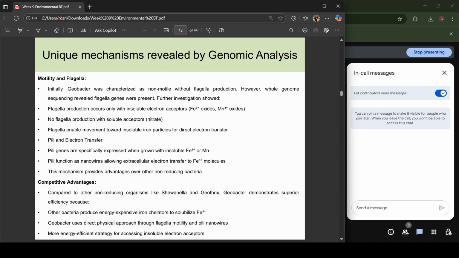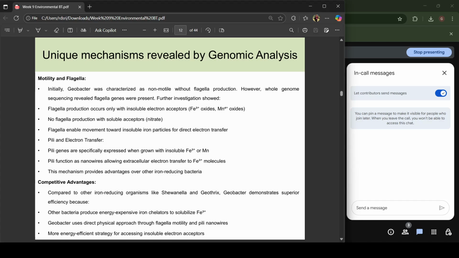Further experiments showed that flagella are produced under certain conditions and not in others. We can exploit this theme in many microorganisms to customize the bioremediation process for a particular contamination site.